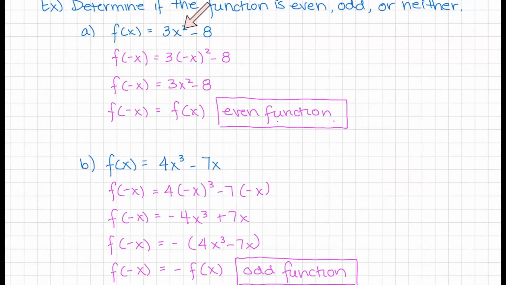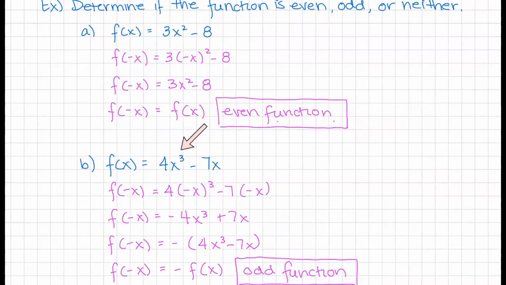And the exponents on the variable have to be non-negative whole numbers. So they can be 0 or positive whole numbers, but no negatives, no fraction exponents, no decimal exponents, no square roots in the exponents. They have to be whole numbers.